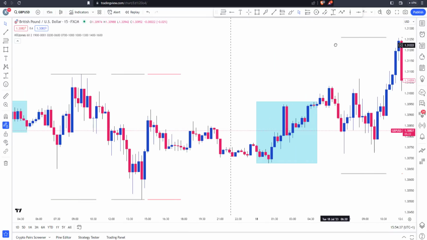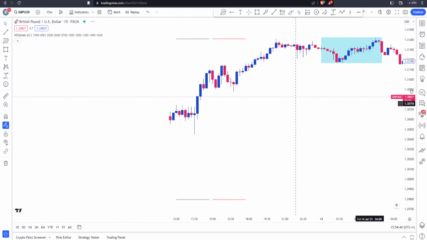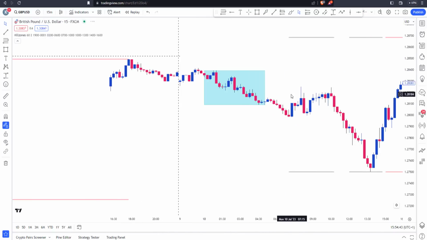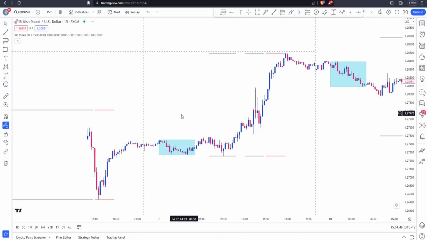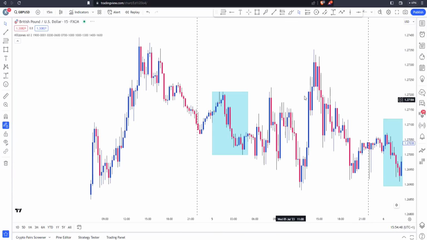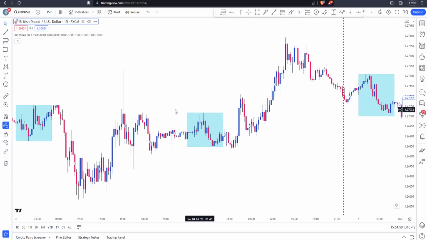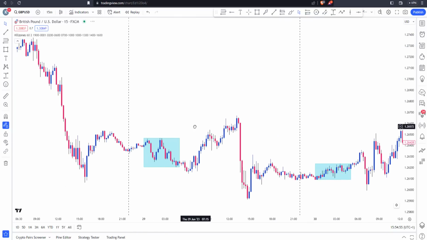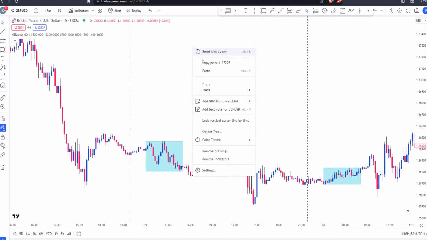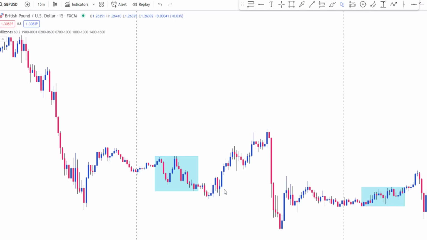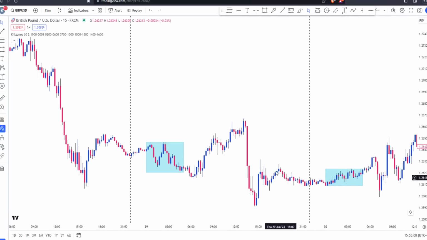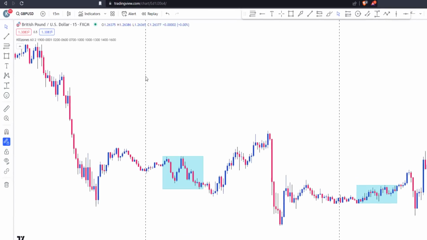Okay, so let me just go back to where we're going to get this data so we can test them all one after another. So the first thing you will need to do once you get that correctly is to make sure that you enable your period separator or session break. Simply come to settings and enable the session breaks under events right here. Then click on OK. And then the second thing is to head over to indicators.